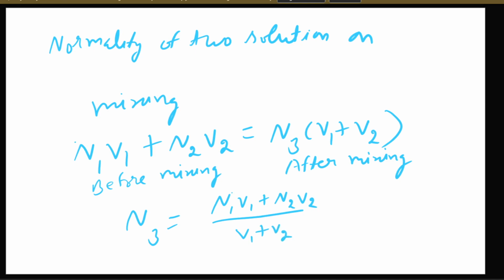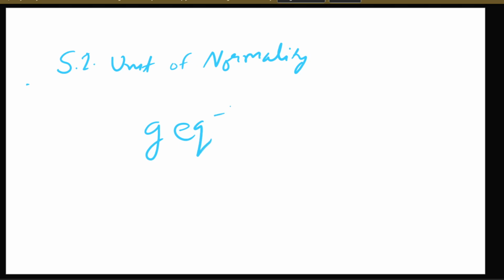Here n1 v1 and n2 v2 are before mixing, and n3 is the normality after mixing. Understand? These are the concentration terms generally used in chemistry. One thing to remember, the SI unit of normality is gram per equivalent.